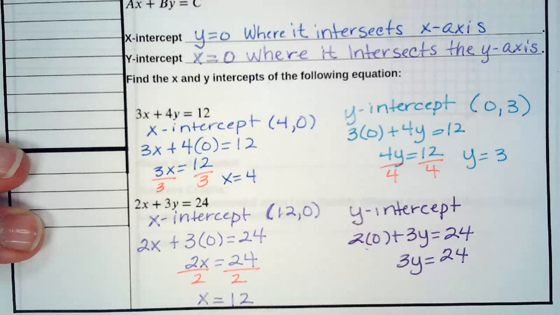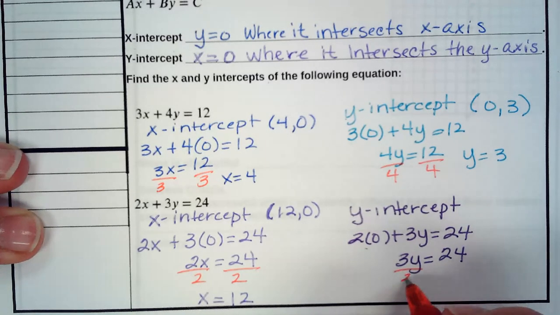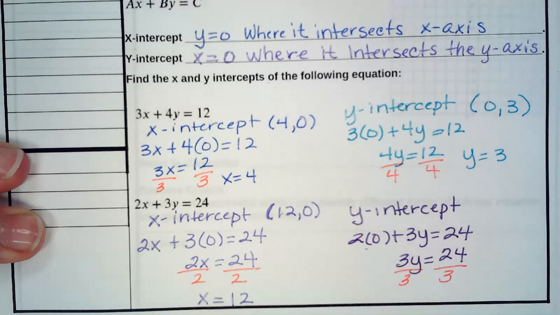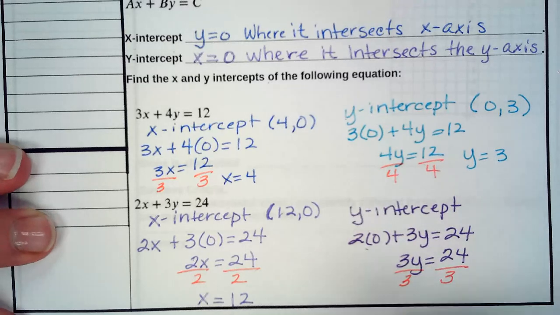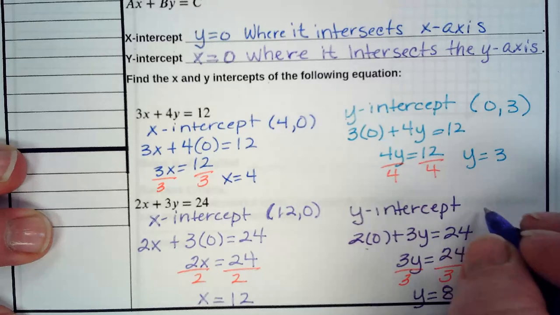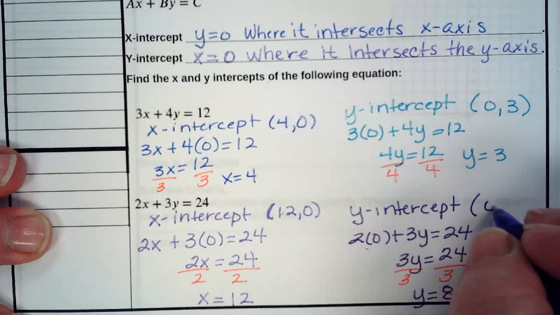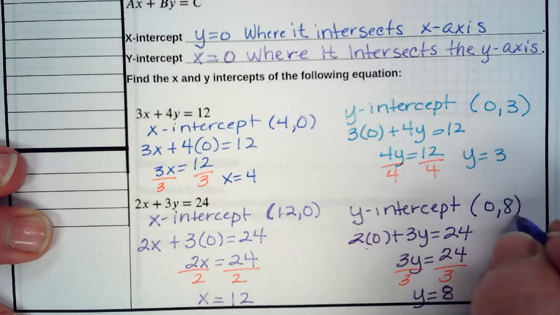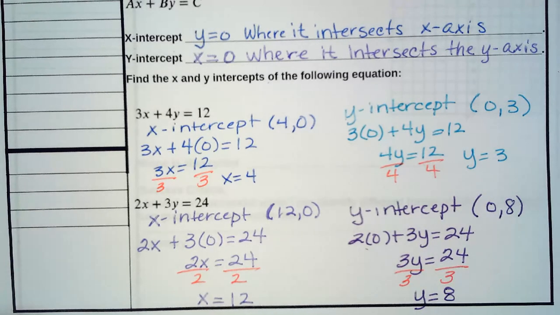You will be dividing both sides by 3. And y is equal to 8. That means this point is 0, 8. Once again, theoretically, if you wanted to graph it, you've got 2 points and you can draw the line.